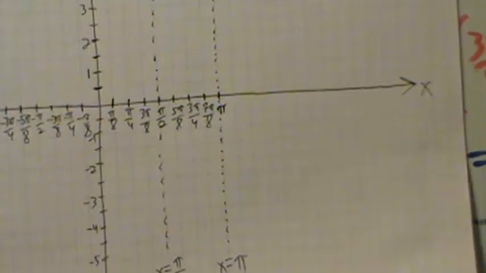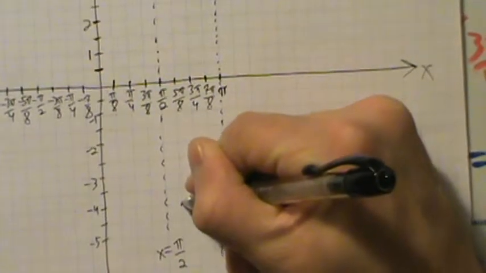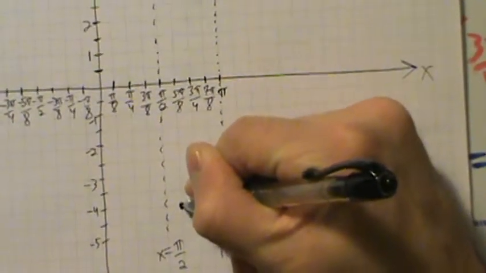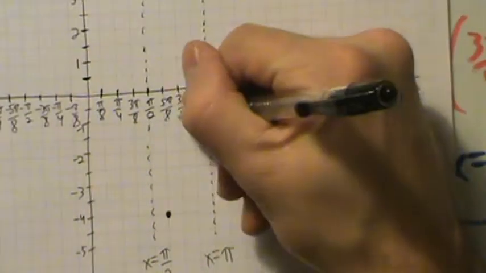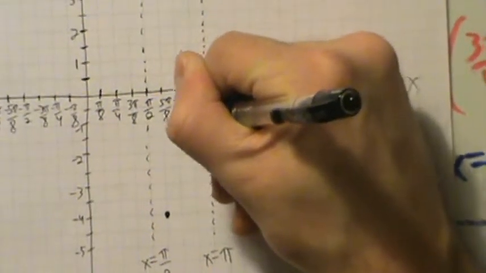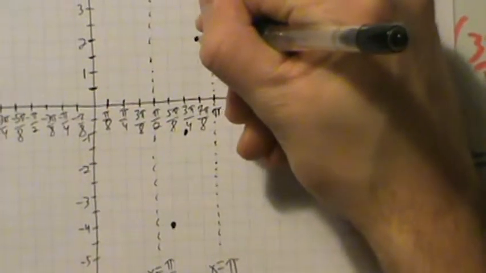But anyway, so 5 pi over 8 comma -4, that's this point way down here. 5 pi over 8 comma -4, and then 3 pi over 4 comma -1, and then 7 pi over 8 comma 2 was our other one, so 7 pi over 8 comma 2. Okay.